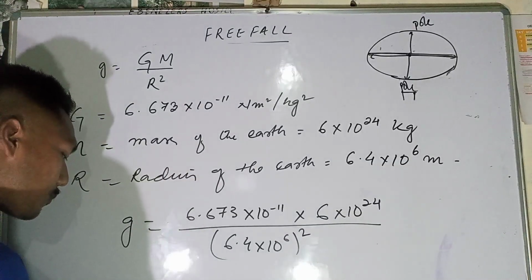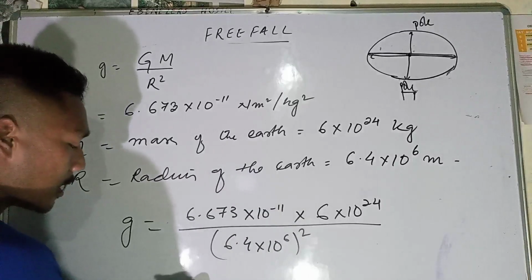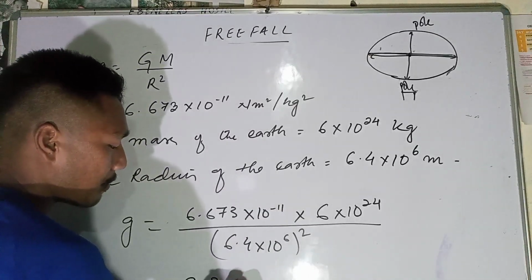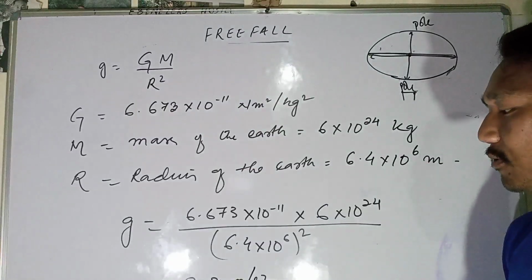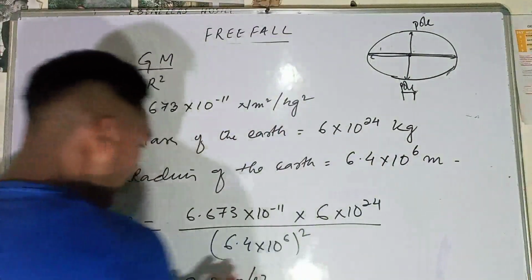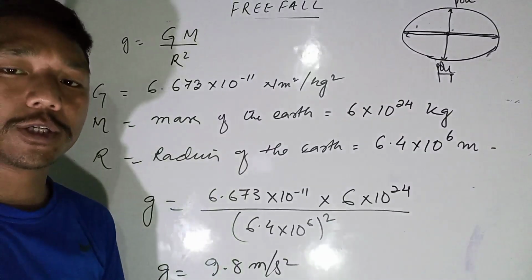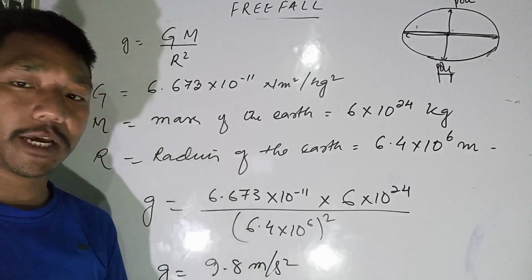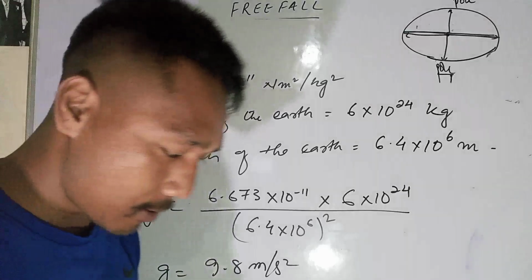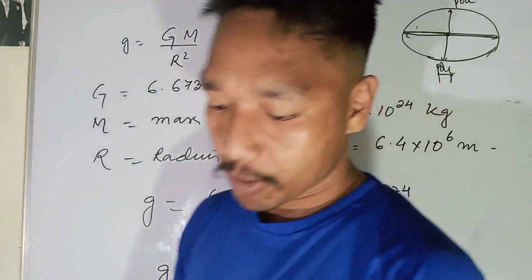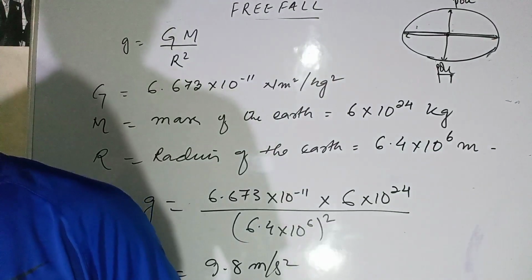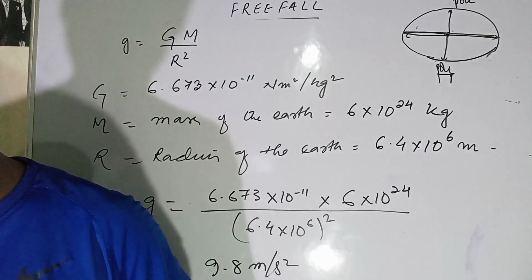If you calculate all this, you will get 9.8 meter per second squared. So the value of g is nearly 9.8 meter per second squared. I think you're clear about this one. So this is all about free fall and the value of gravity.